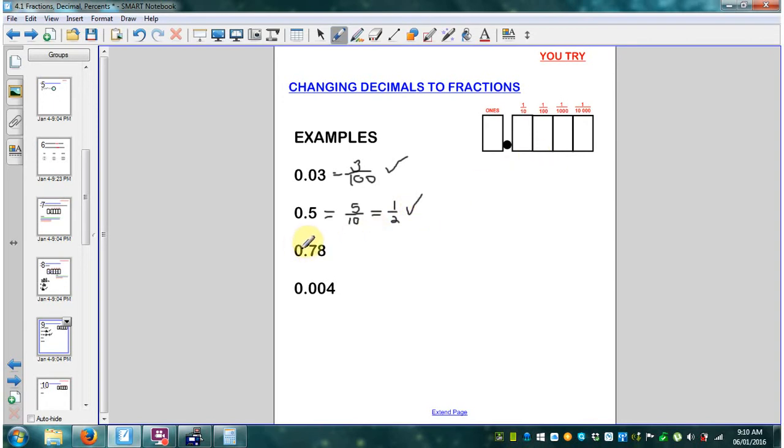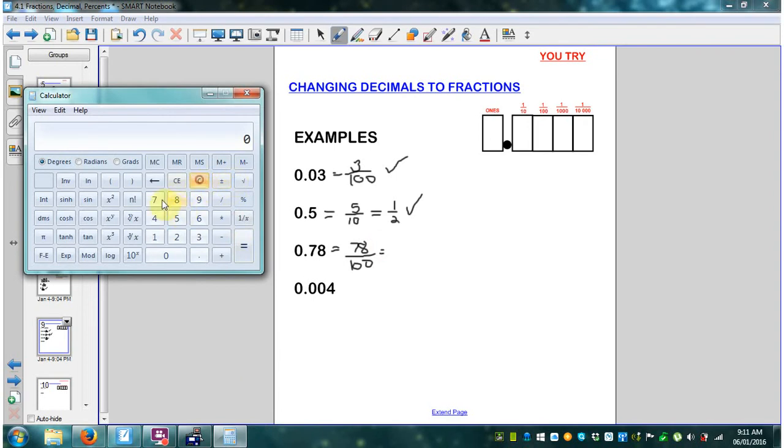Okay, next one, 0.78. Our last digit is in the hundredths place, so we know our denominator is 100. So 78 over 100. Can that be simplified?